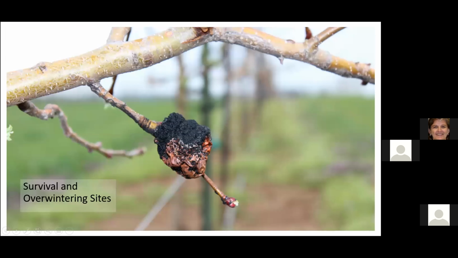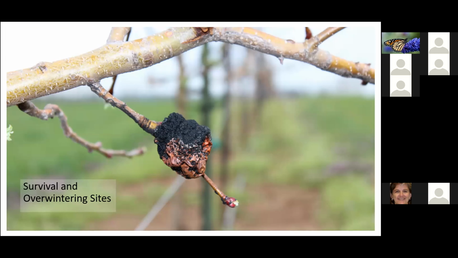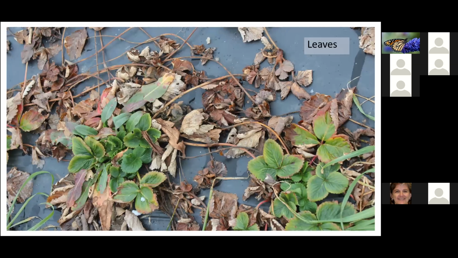So where do these pathogens overwinter? Where do they survive from season to season, if you will? What part of the orchard, what part of the plant? First of all, leaves. A leaf spot disease or a leaf disease typically will overwinter in fallen leaf debris or any kind of leaf debris.